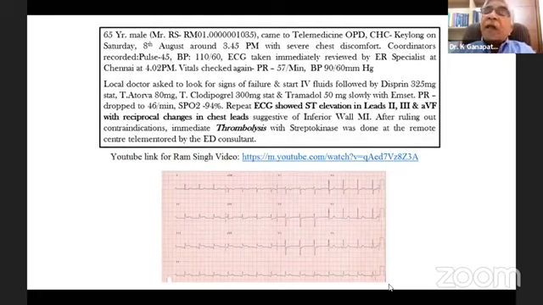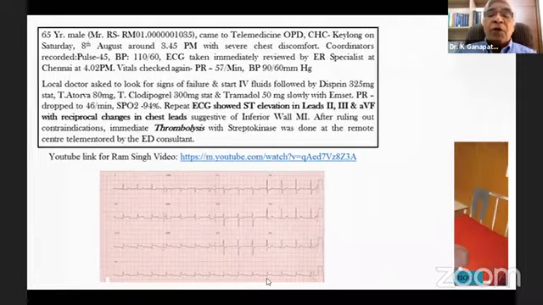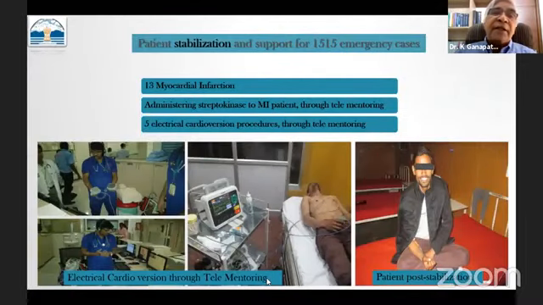The BP was not actually going up; it was coming down. So they insisted that the ECG be repeated after 45 minutes, picked up an ST elevation, and initiated thrombolysis from a distance of 2,500 miles. We told the nurse there to start thrombolysis. To date, we have done 13 cases of myocardial infarction, which were picked up remotely and treated.